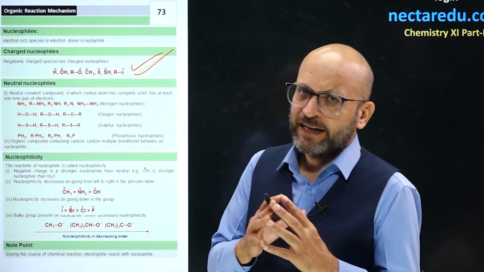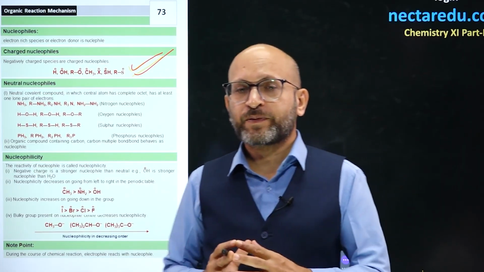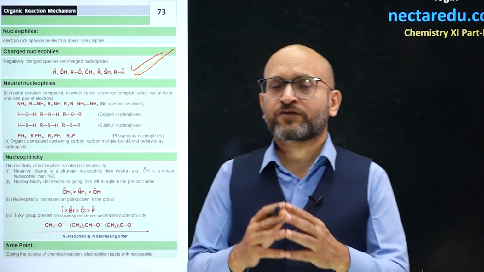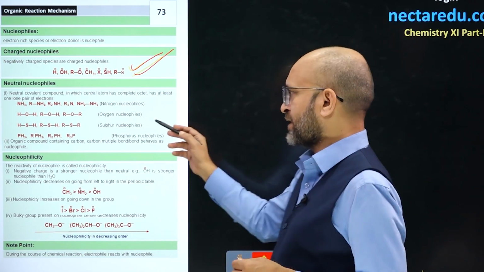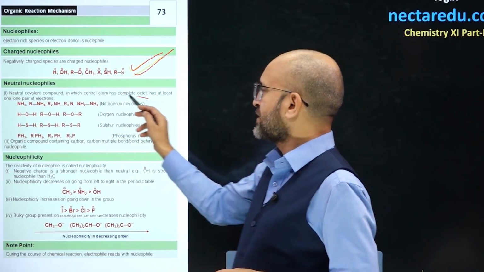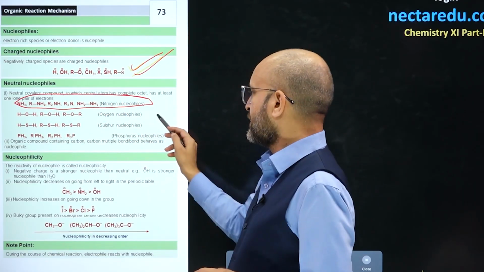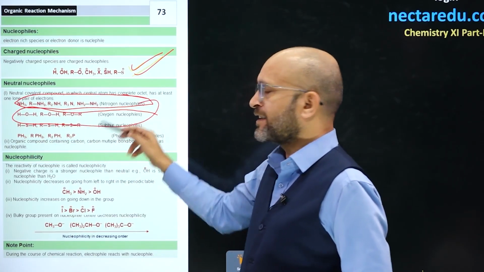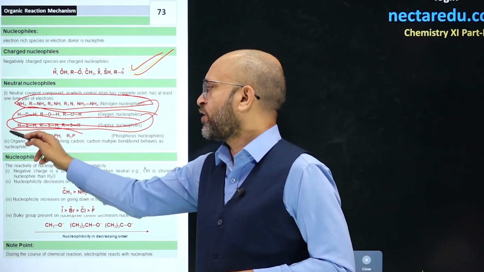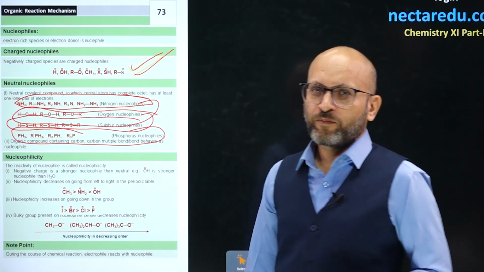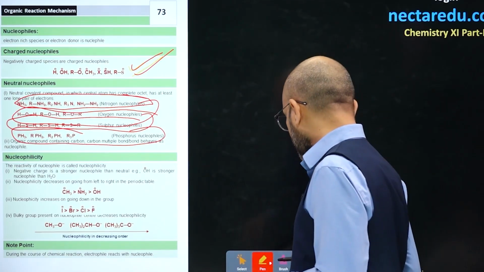And the second category is neutral species where a lone pair is present on oxygen, nitrogen, phosphorus, something of this kind. We have a few examples over here. These are all nucleophiles where a lone pair is present on nitrogen. These are nucleophiles where oxygen is containing a lone pair, sulfur containing a lone pair, phosphorus containing a lone pair. So a lone pair is present, that's why all these are nucleophiles, right?